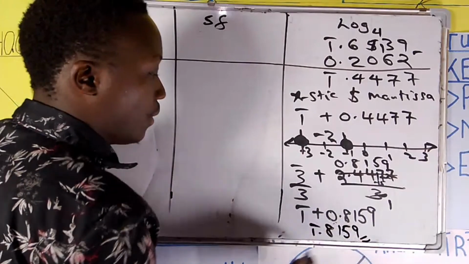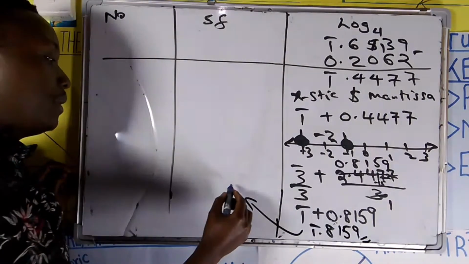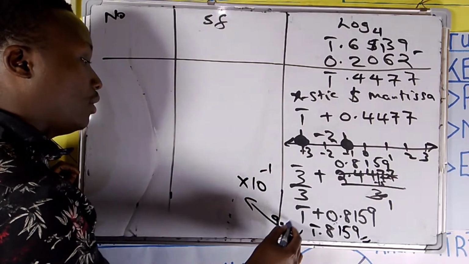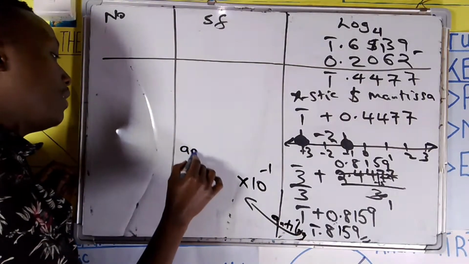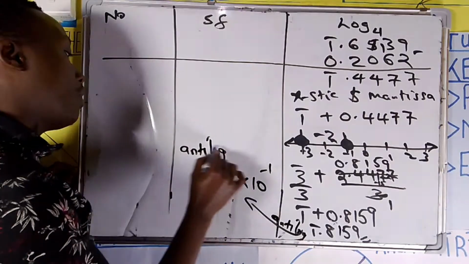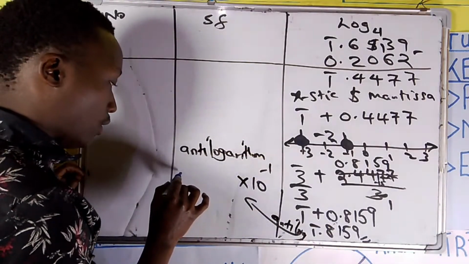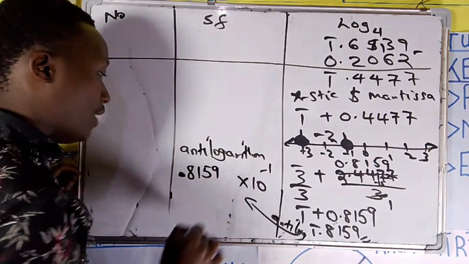When we get this, we can now take it back to this column, and we will have times 10 to power negative 1, and we are going to determine the anti-logarithm. So here we will find the anti-logarithm of 0.8159.